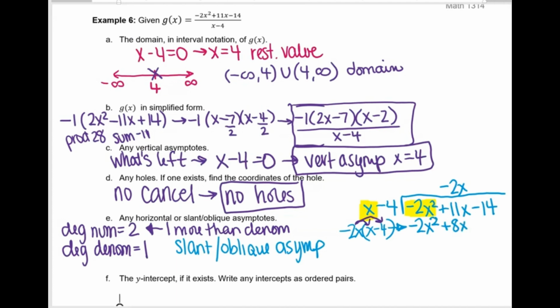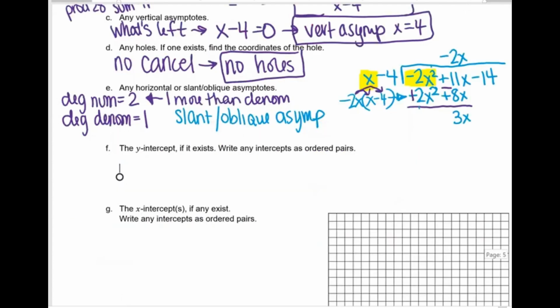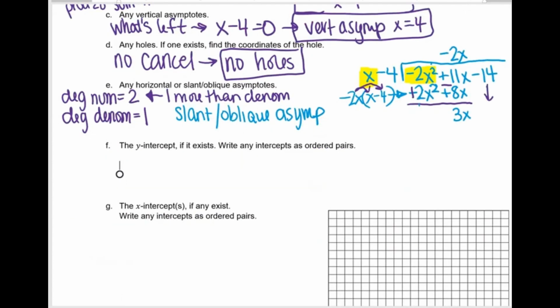And then remember, we change the signs when we draw the line. First term cancels. If it didn't, something went wrong. Go back and fix the error. 11x minus 8x gets us 3x. And we're going to bring down the minus 14. And then we start the process over.